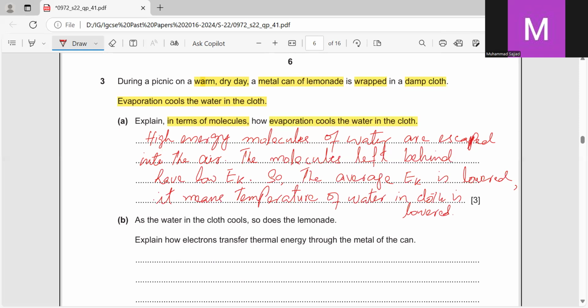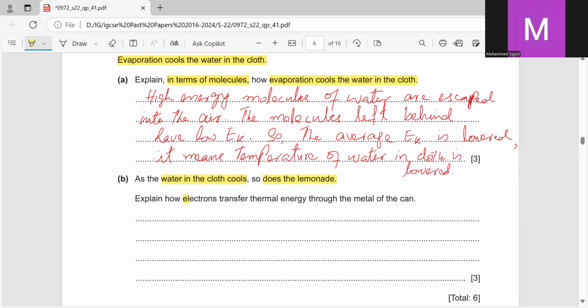Next is, as the water in the cloth cools, so does the lemonade. Explain how electrons transfer thermal energy through the metal of the can. Now, metal of the can.